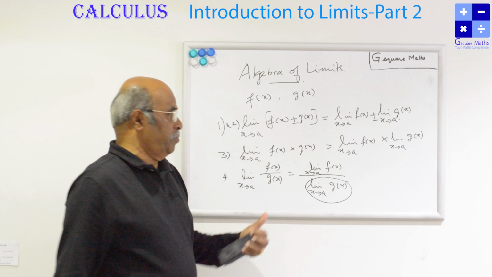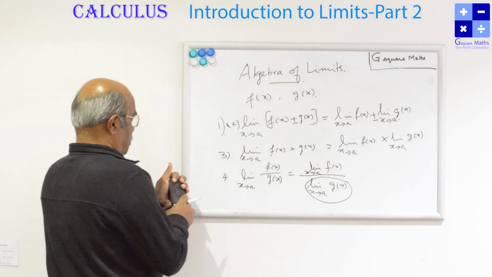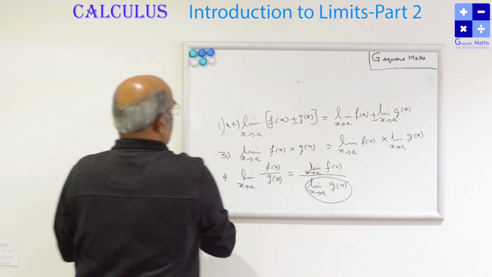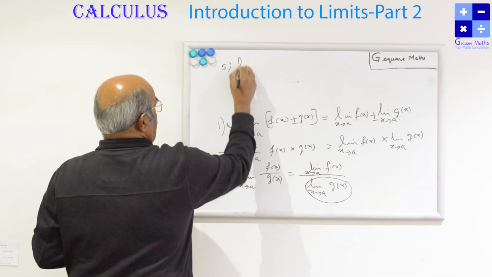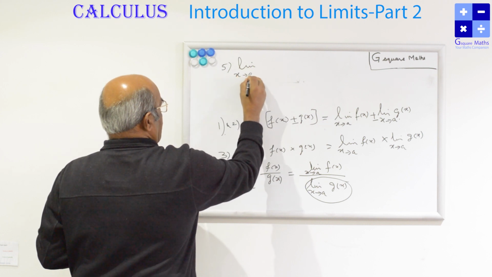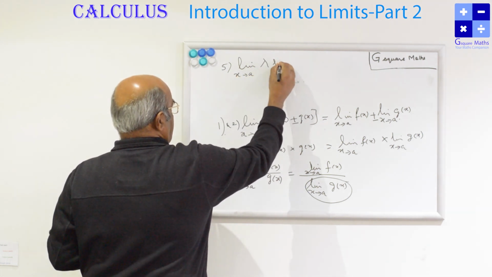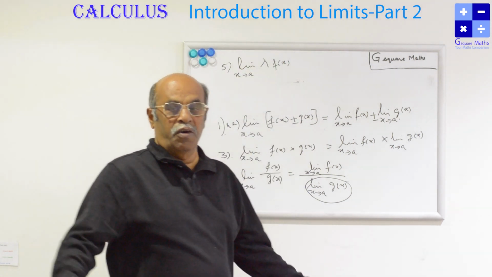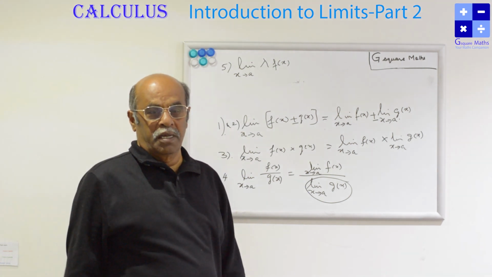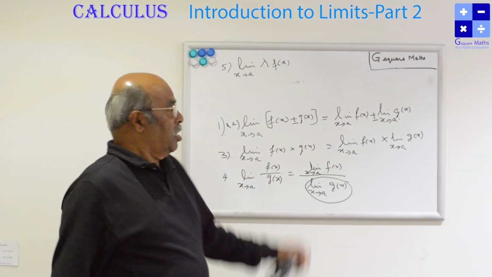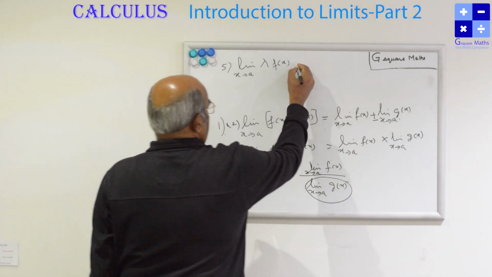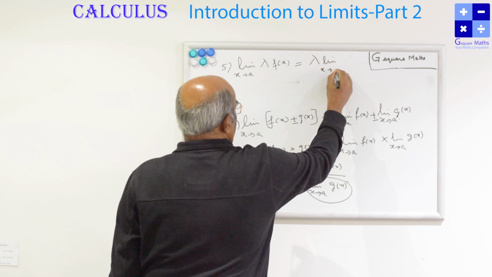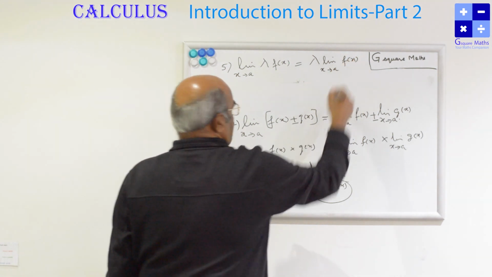So you have to be very careful. The fifth one is the limit of a scalar multiple of a function. Lambda is a scalar, any value. Alpha, beta, gamma, anything you can take instead of lambda. It is a constant times f(x). The constant will come out of the limit x tends to a of f(x). These are the rules.